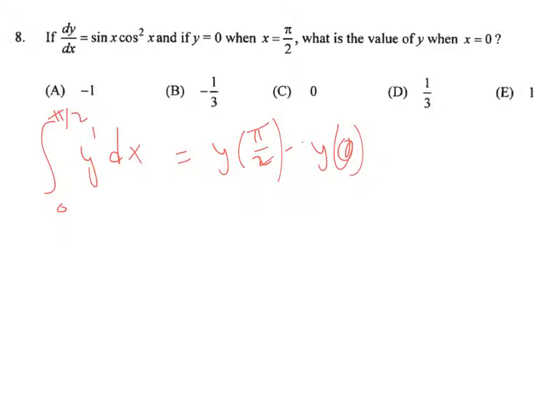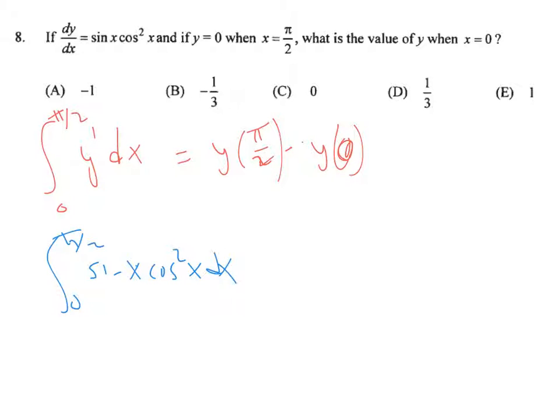Now, it's really bad handwriting there. Okay, and then you can evaluate this integral. To do this integral, you go from 0 to pi over 2 of the sine of x cosine squared of x dx.